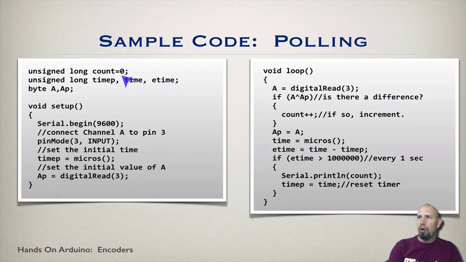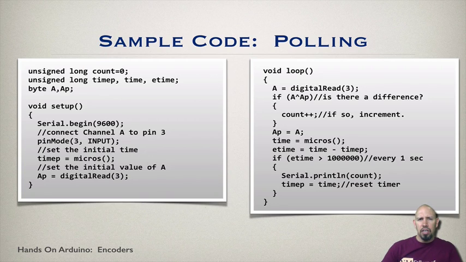So unsigned long count. Then I also defined some unsigned long time variables. For this program, all it's going to do is keep track of the count, and every so often it's going to display the value.